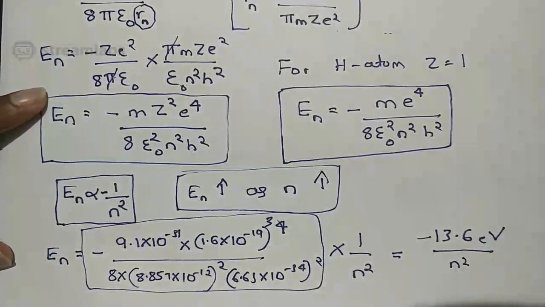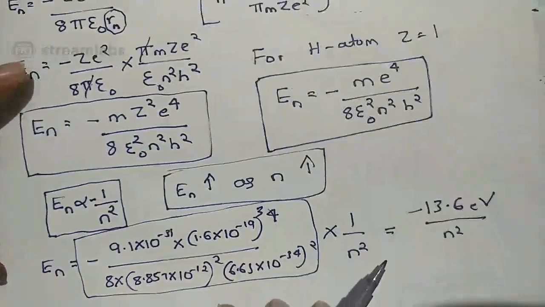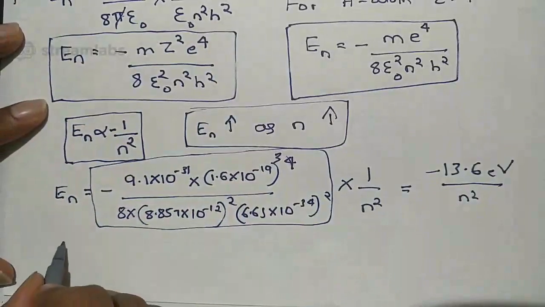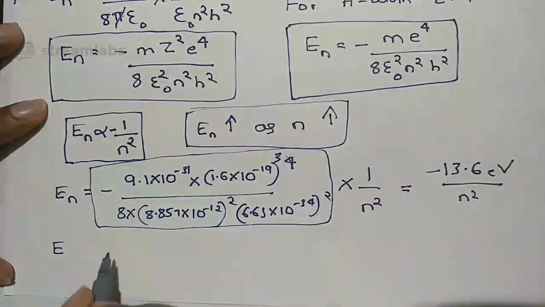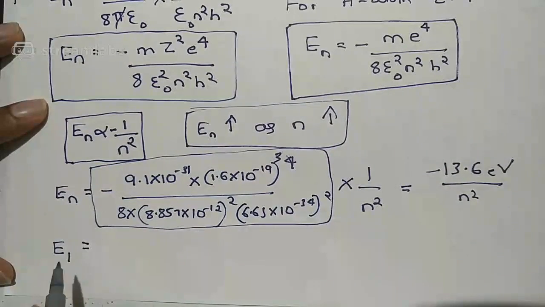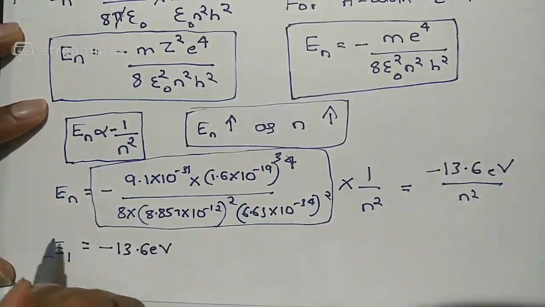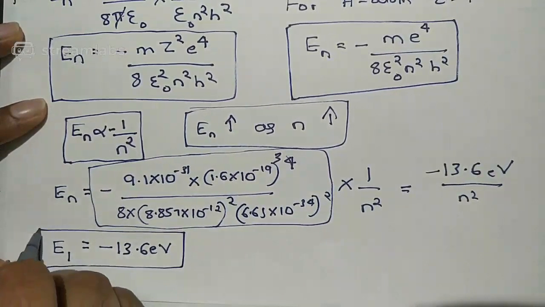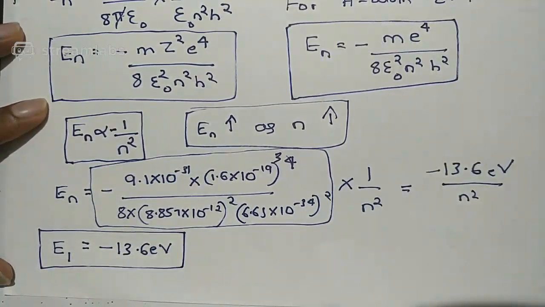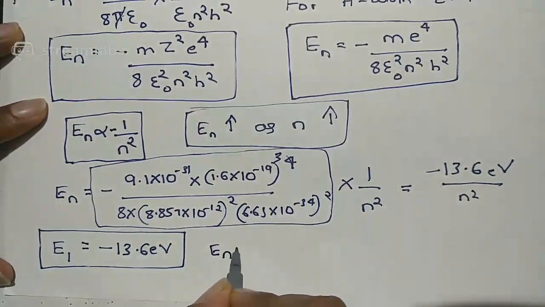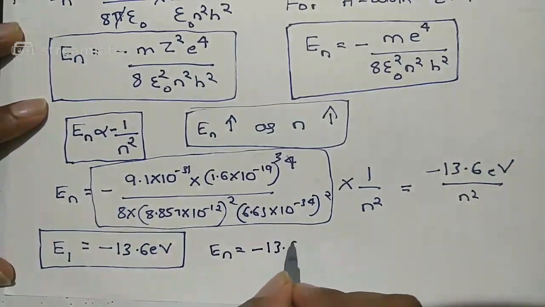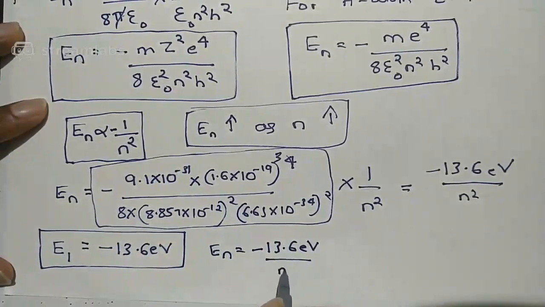So what is the energy of the electron in the innermost orbit? The innermost orbit is n equal to 1. So E1 is minus 13.6 electron volt. Now what is the energy of the electron in the nth orbit? That is minus 13.6 electron volt by n square.